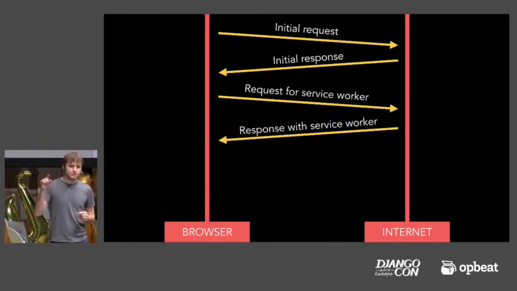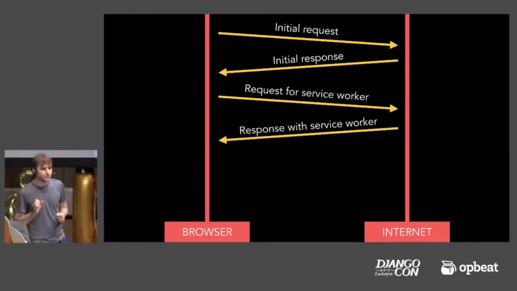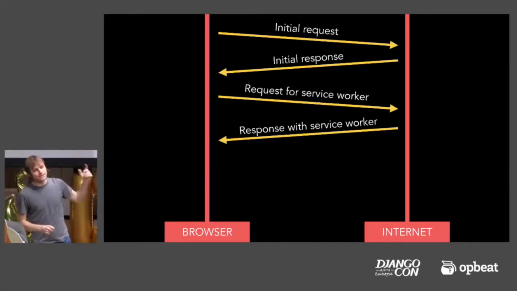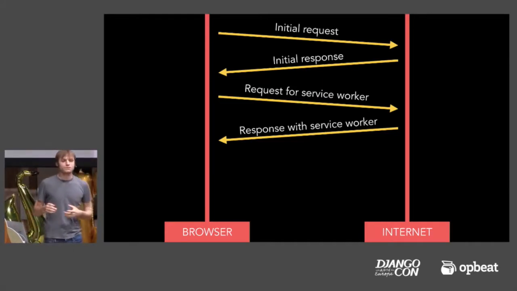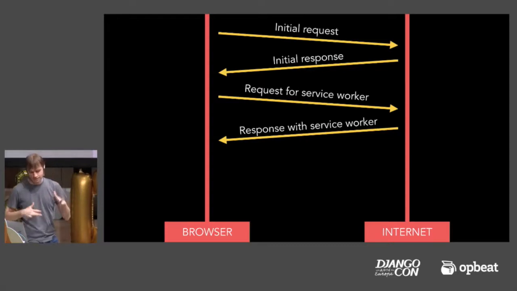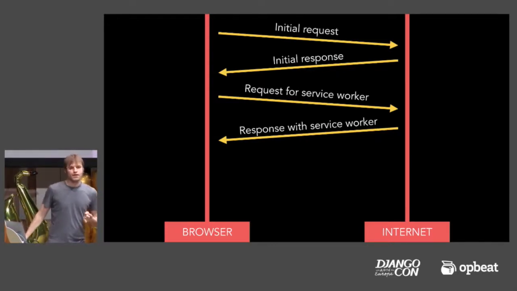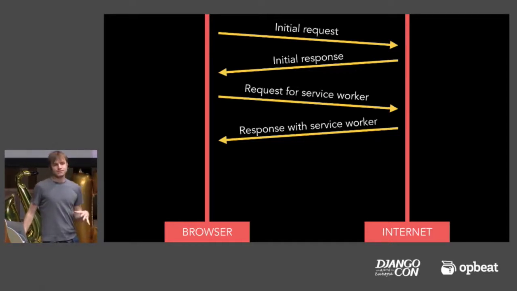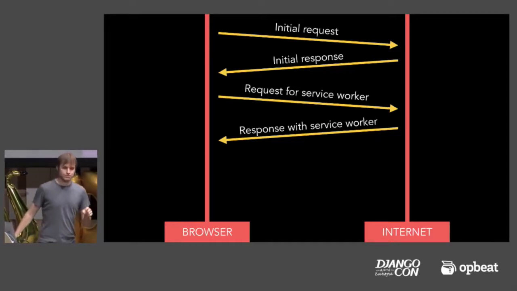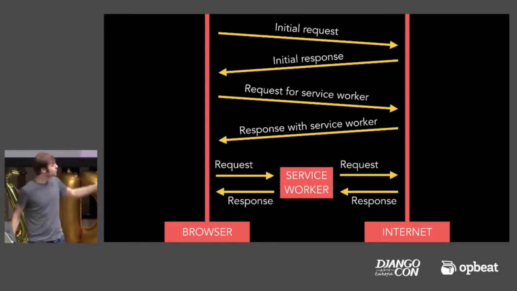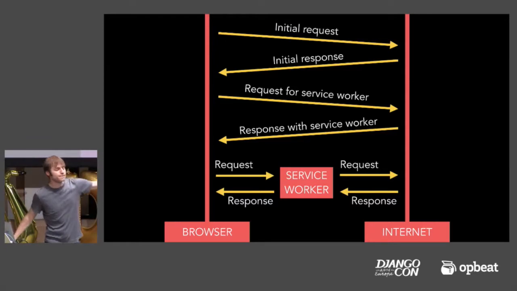And so it says, okay, here's the URL of the service worker, which is just a JavaScript file. It's going to do the request and get that service worker, which may or may not be before the rest of your page loads. So there's this weird asynchronous feel to this. But once your browser has the service worker, it treats any request that your browser makes to your domain as going through the service worker. So any subsequent request will go through the service worker.